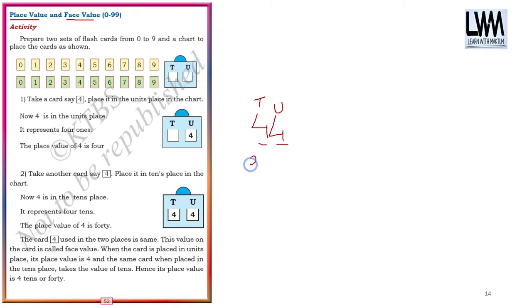So kids, here there is something called face value. Face value is nothing but the same number you're going to write. Face value for this 4 will be 4 only, and for this 4 also it will be 4, but there will be a difference in the place value.